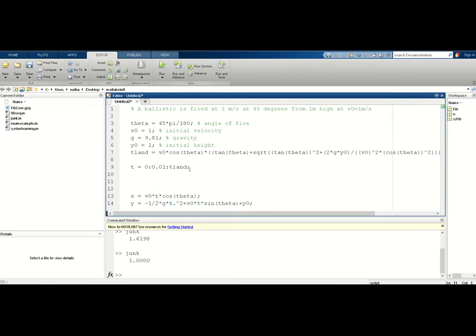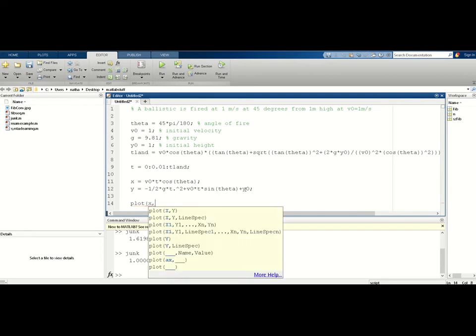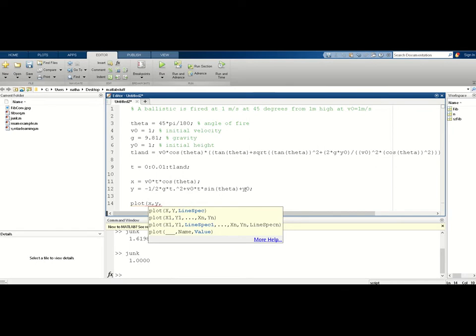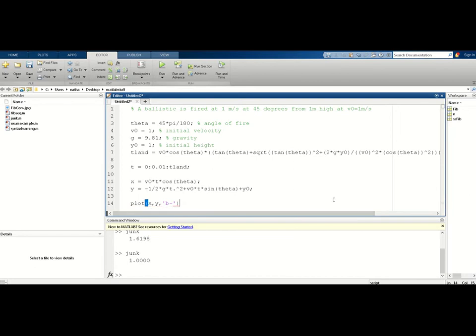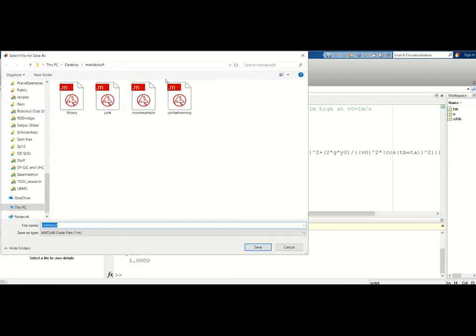That's just going to be a vector of time values, and that'll give me my x's and y's. If we've done this right, we vectorized ourselves pretty well, and we should be able to plot x versus y in a blue line. Let's go see what we got.